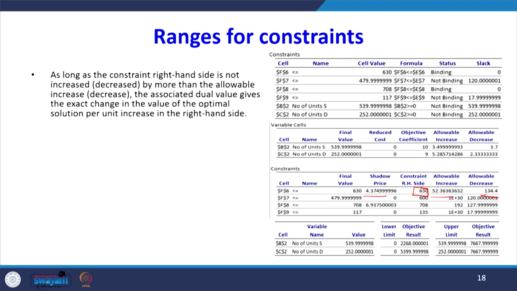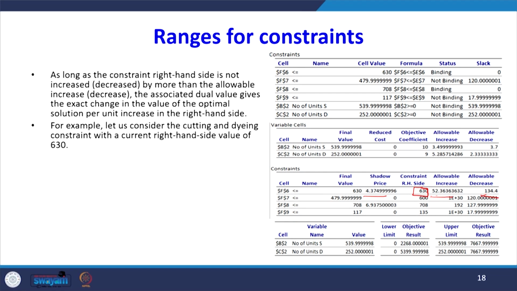When the feasibility region increases, up to a certain point your shadow price will remain constant. Beyond certain points, the shadow price will get affected. So, as long as this increase is within this range, that is 630 plus 52 and 630 minus 134, the shadow price will remain constant. That is called range of feasibility.